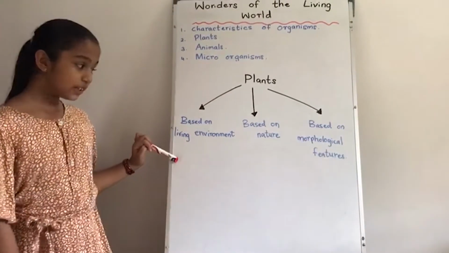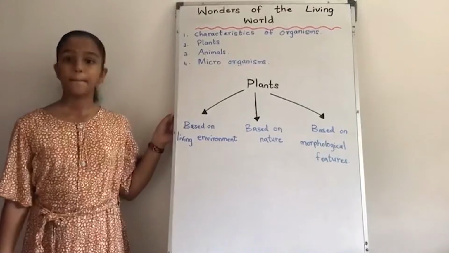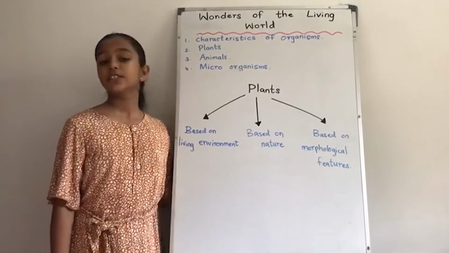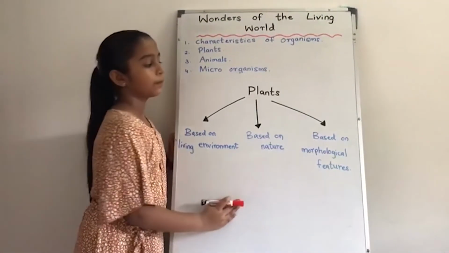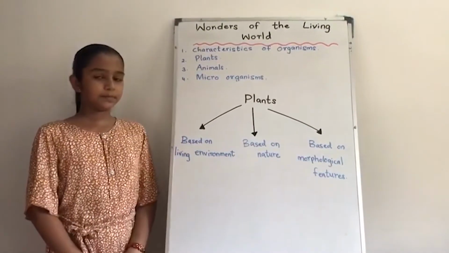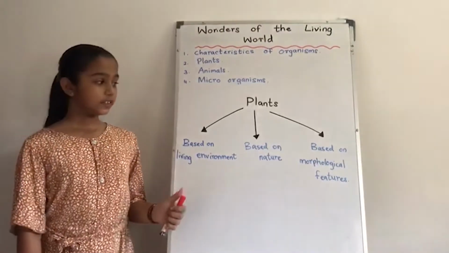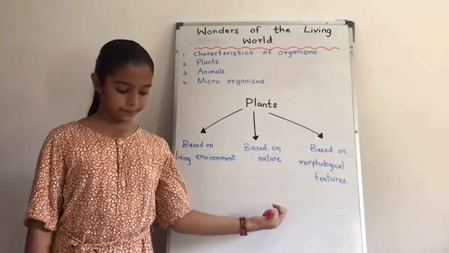Based on nature: trees, plants, creepers, shrubs are examples. Based on morphological features: stems, roots, flowers, fruits, leaves are examples.